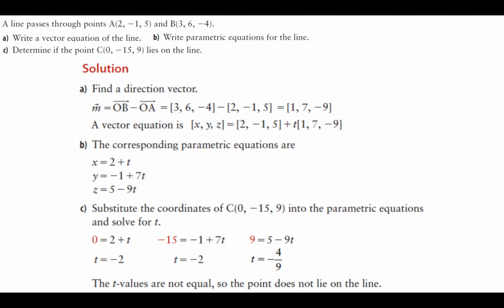And for question B, therefore, the corresponding parametric equations are x equals 2 plus t, y equals -1 plus 7t, and z equals 5 minus 9t.